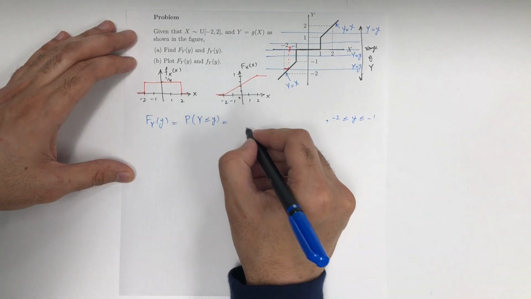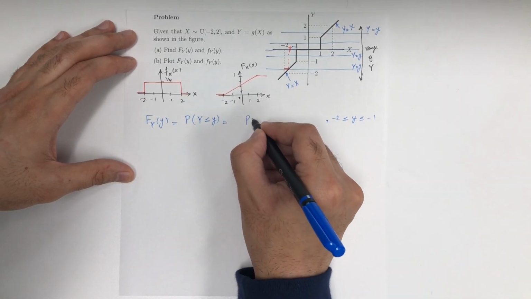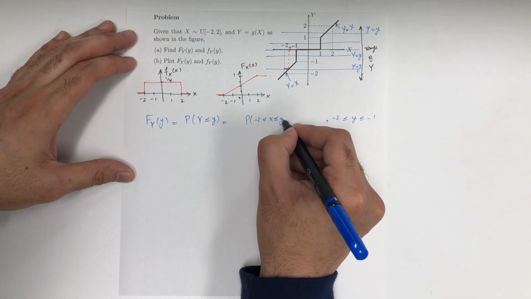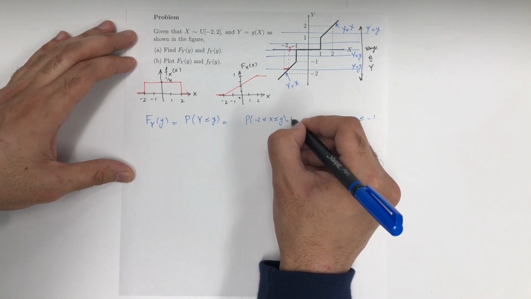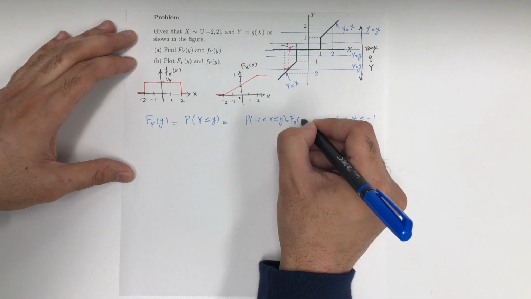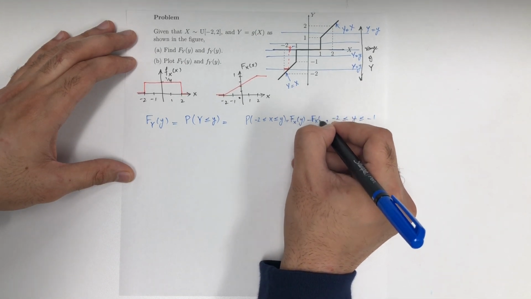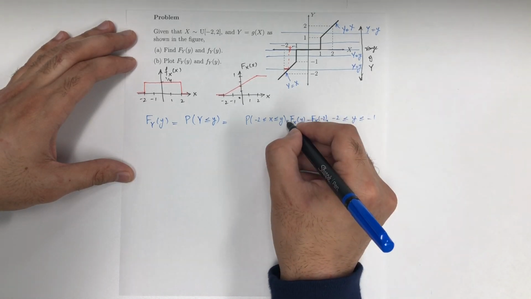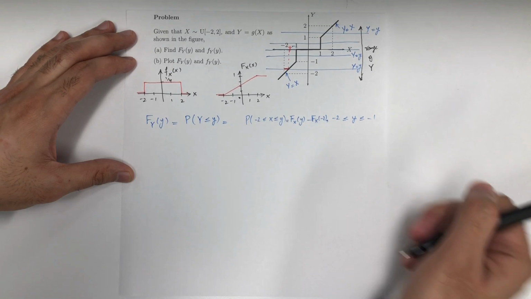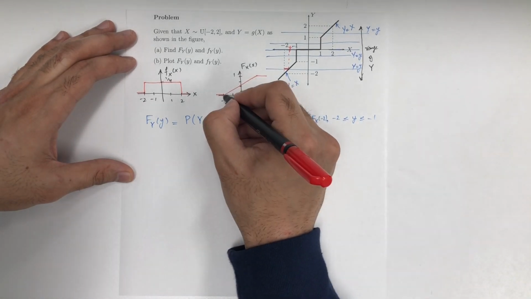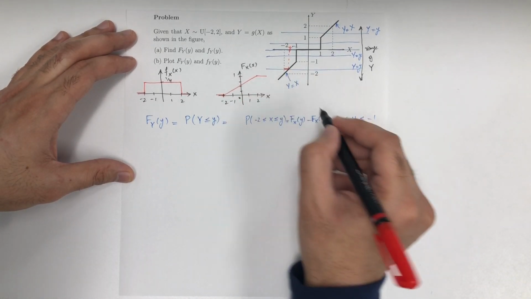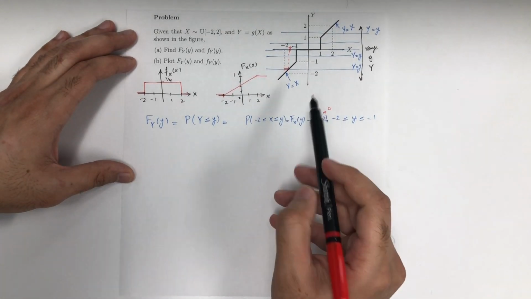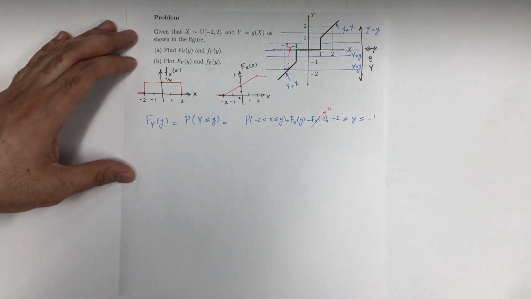So this can be written as the probability that x is between -2 and y, which is Fx of y minus Fx of -2. And Fx of -2 here is just 0, because we can see it from here, right? So it turns out to be just capital Fx of y.